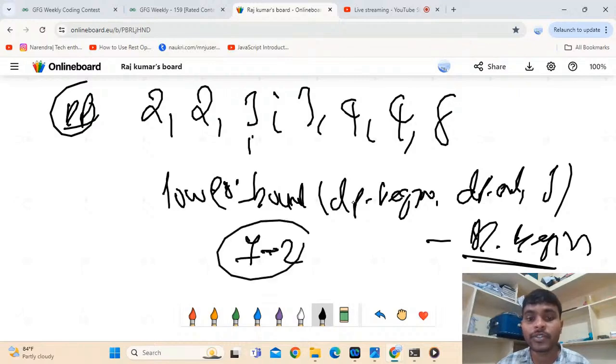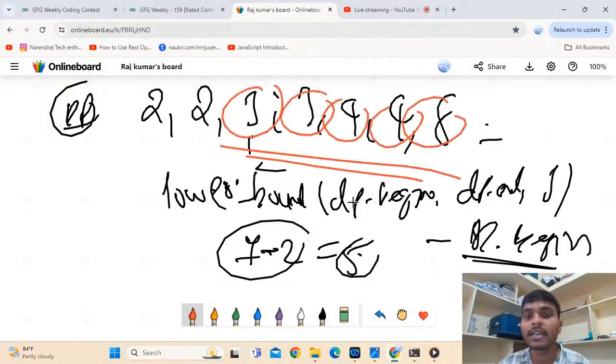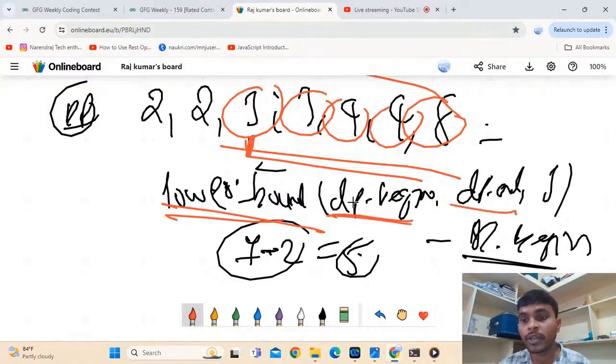If I do 7 minus 2, I will get 5 here. This index is 0 1 2, it is 2. The total number of numbers is 7. So the total number of numbers just greater than or equal to 3 is 5, right? These are all greater than or equal to 3. The lower bound function gives us the index of this number. Here I took 3 as the number, minus dp dot begin because I want the index. If I don't subtract dp dot begin, it gives just a pointer to this location.